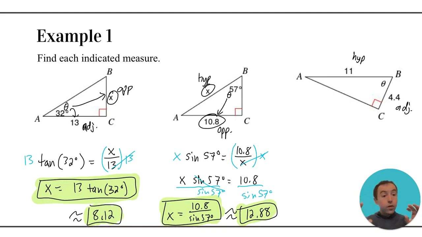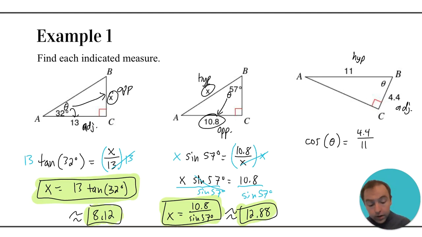So then a trig ratio that can use adjacent and hypotenuse would be the cosine ratio, since cosine is adjacent over hypotenuse. Now we'd have to plug in the angle measure into cosine, but we actually don't know the angle measure. So we'd be able to say that cosine of theta is equal to 4.4 adjacent over 11, which is hypotenuse, right?